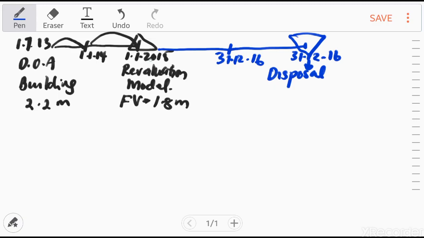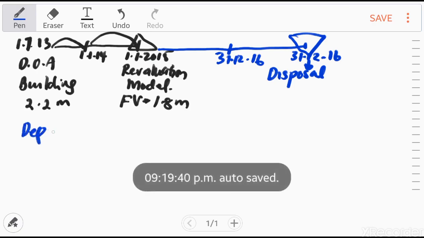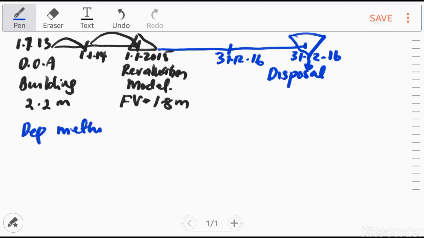So it was disposed completely, and what you would see is that the basis for this company in terms of depreciation method, it's yearly.